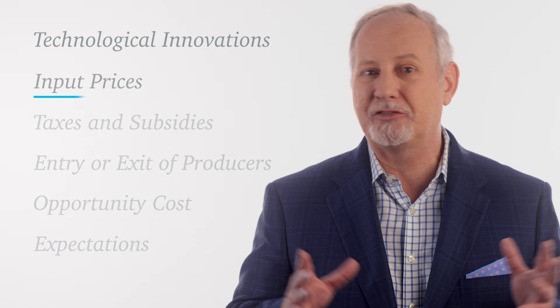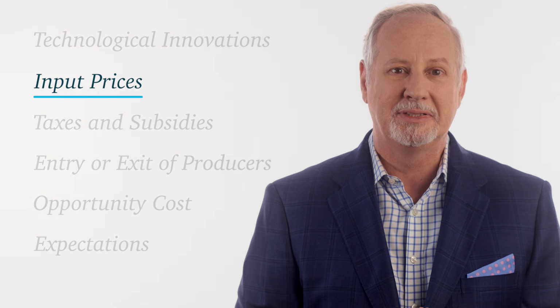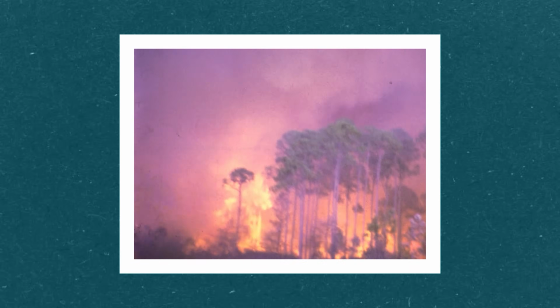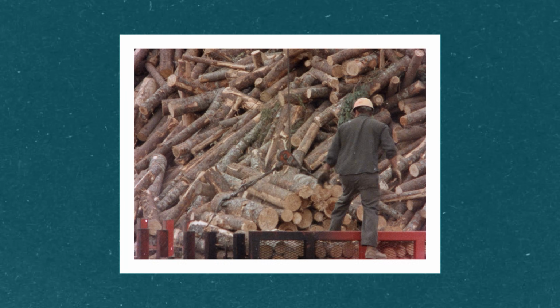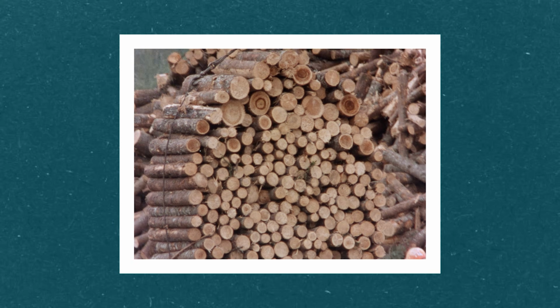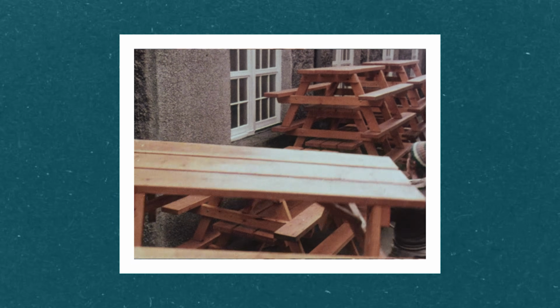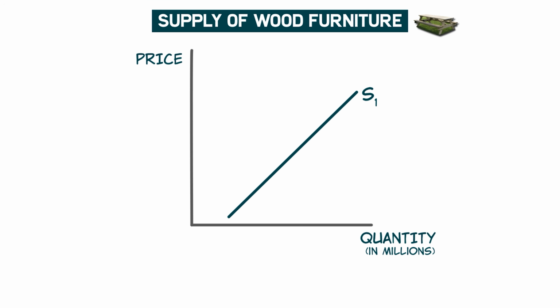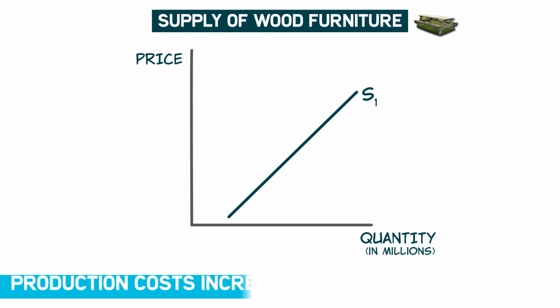Next, let's look at input prices. Imagine you make wood furniture, but massive forest fires destroy tree farms. So the price of wood increases. Now, what will happen to the supply of wood furniture? The costs of producing wood furniture have increased.